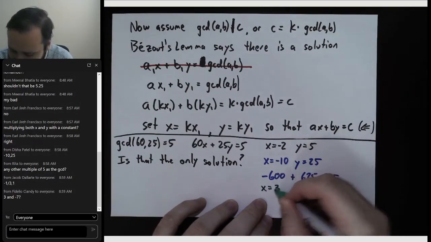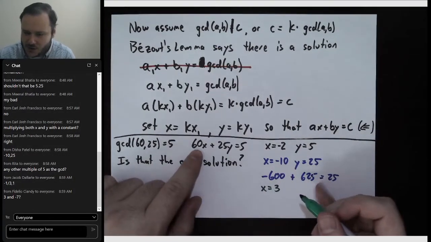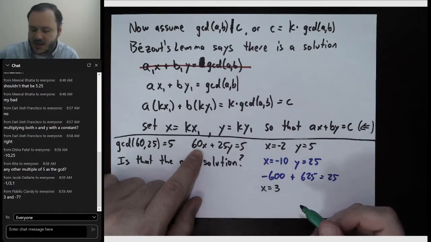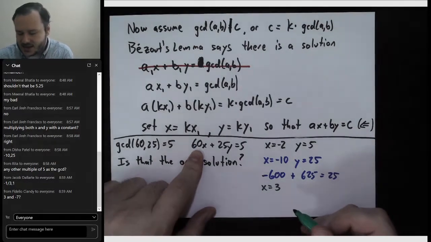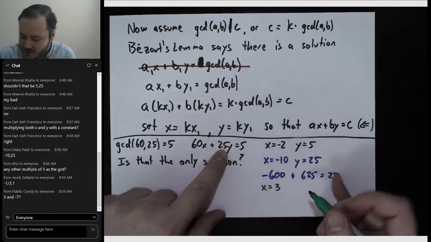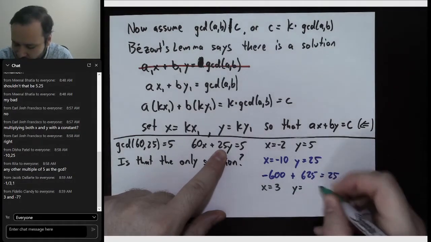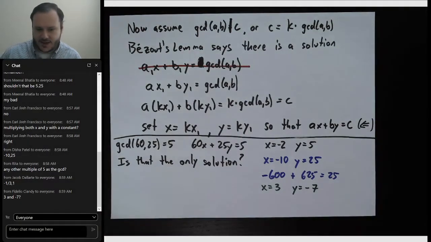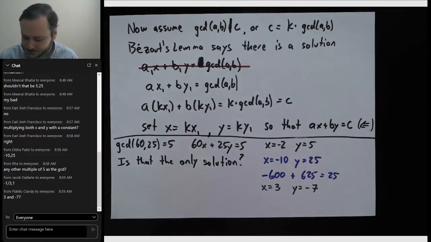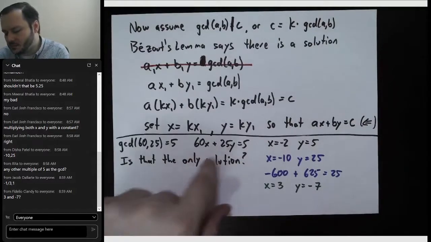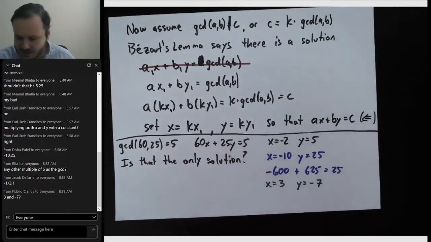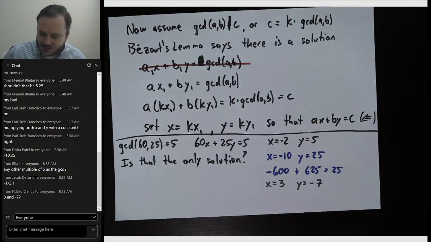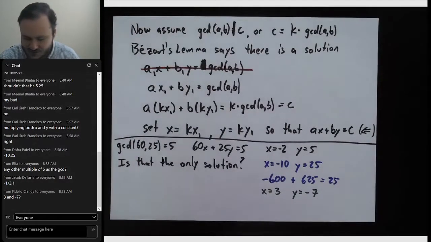If x equals positive 3, now I'm at 180. And 180 minus 175 gives me 5. So minus 7 ends up working here. So I have at least 2 solutions.